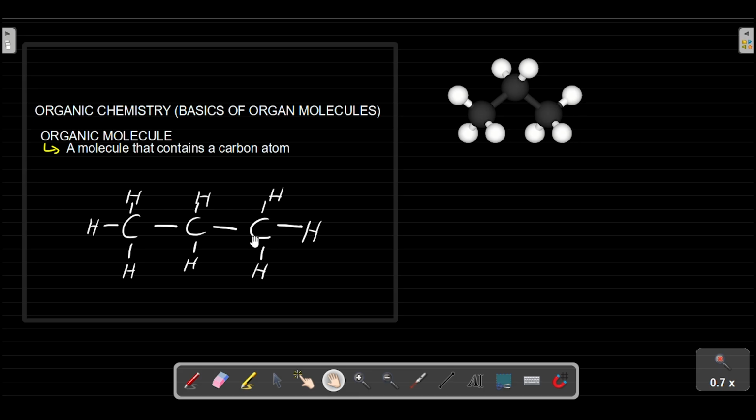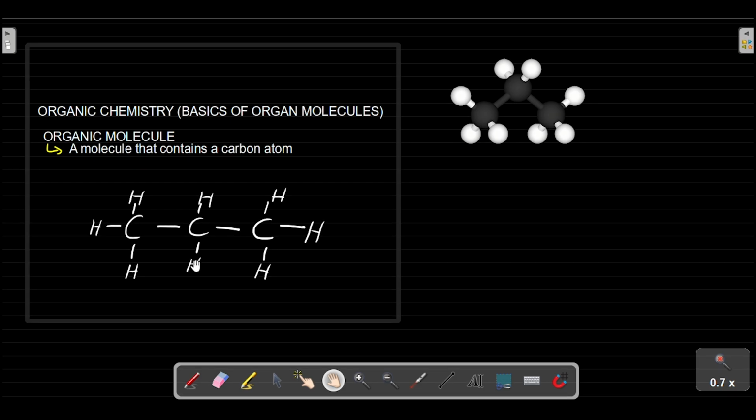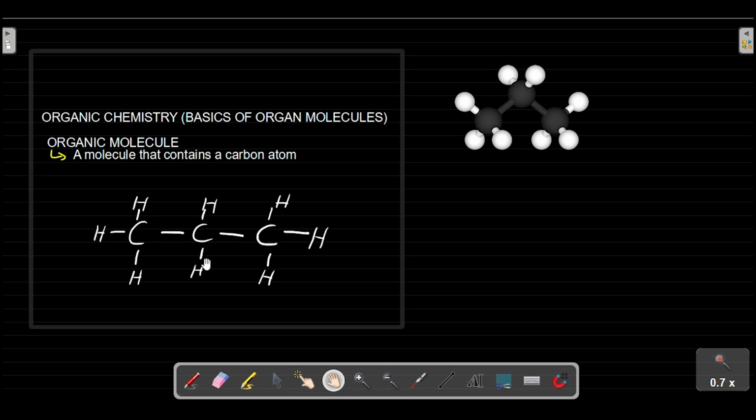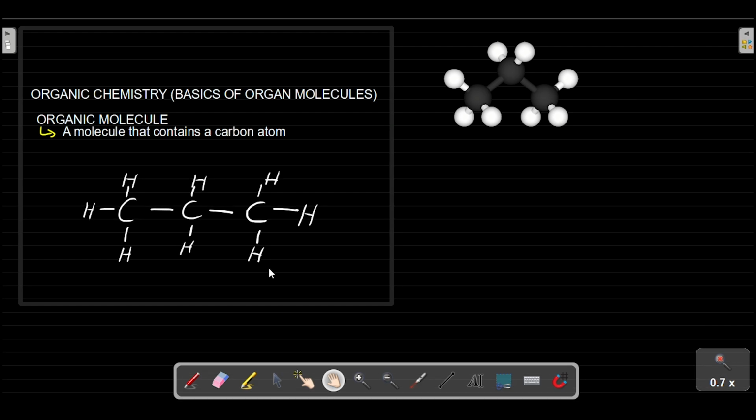They all have 4 bonds, so 1, 2, 3, 4 for the first carbon, 1, 2, 3, 4 for the second, 1, 2, 3, 4 for the third. And the hydrogen atoms only have 1 bond each. It's only carbon atoms that have to have 4 bonds each.